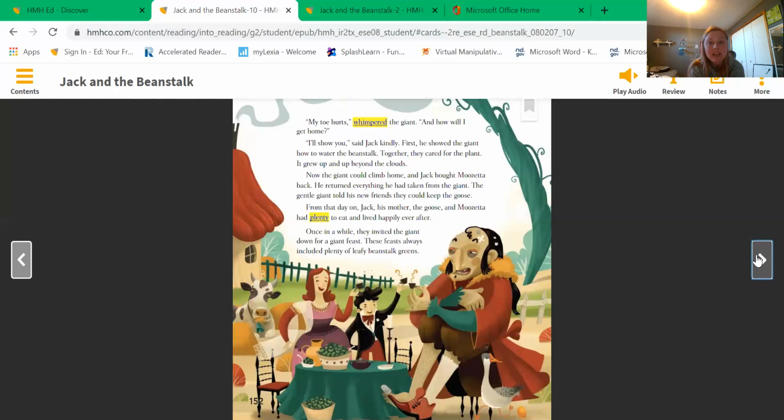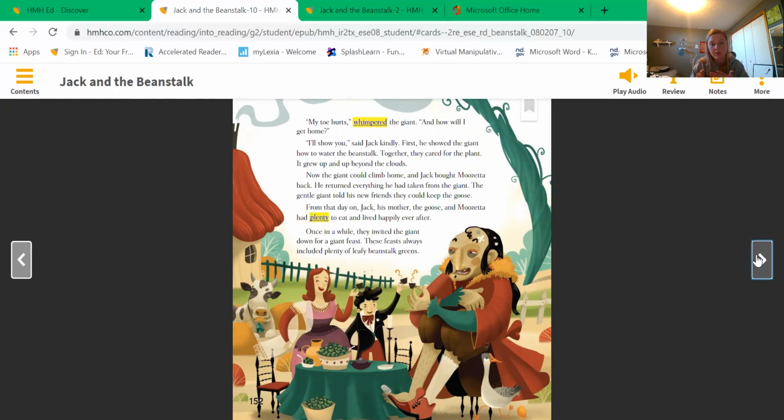So, your first question is, what do you learn about the giant by the end of the story? Well, even though sometimes you think seeing a giant would be so scary, the giant in our story is pretty kind and nice and friendly. And I want you to tell me how you know this.